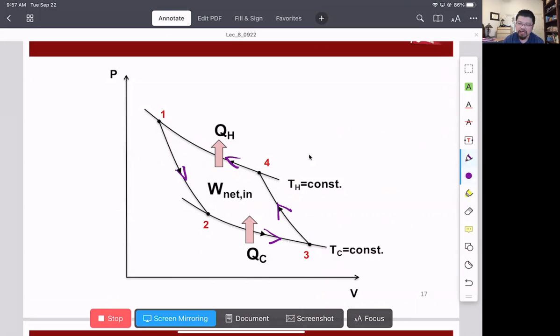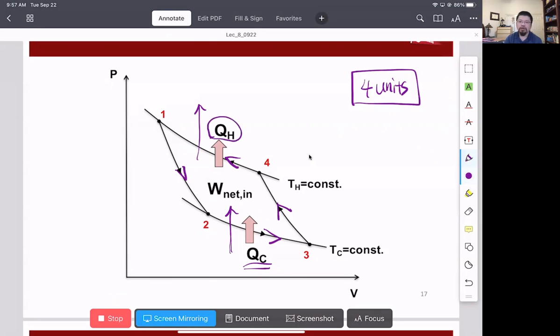We are still having the exact same 4 units. So we always need 4 units moving forward. But depending on the direction, we could have the heat engine or we could have the refrigerator. So now we try to get some heat input from the cold object, and we are going to release the heat in the hot object, right? And we'll come back to that when we discuss the units in chapter 8 and 9.